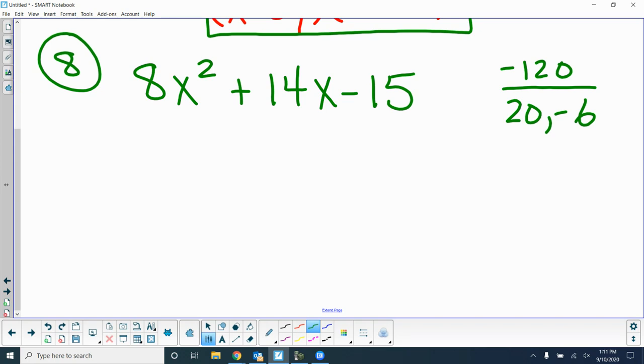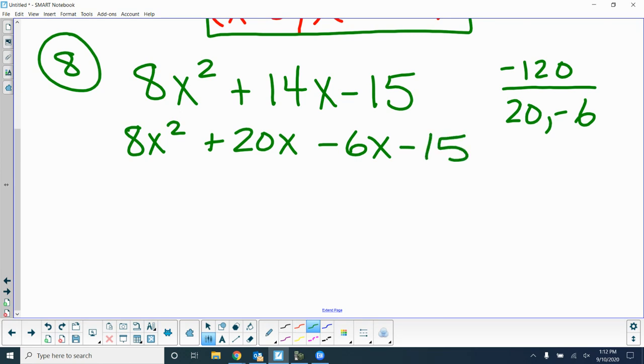All right, so I'm going to rewrite it. So, John, go ahead. Tell me what to write. Just rewrite it now. We got these two numbers now that we're going to use. So tell me what to write. Nick, help him out. 8x squared plus 3x minus 6x minus 16.